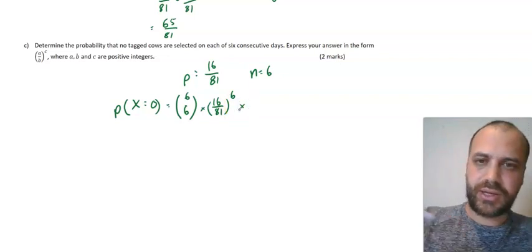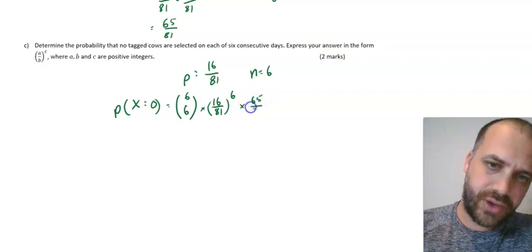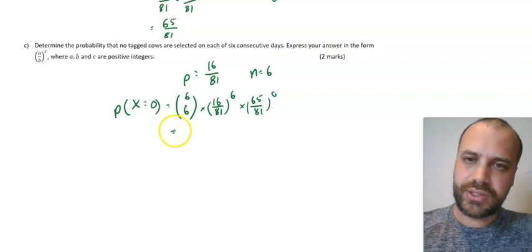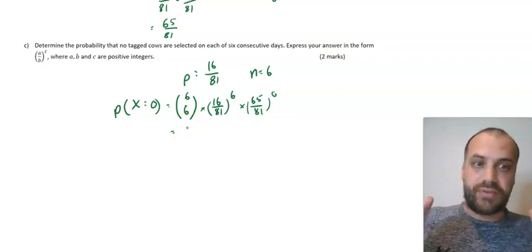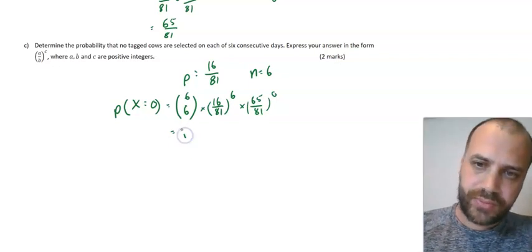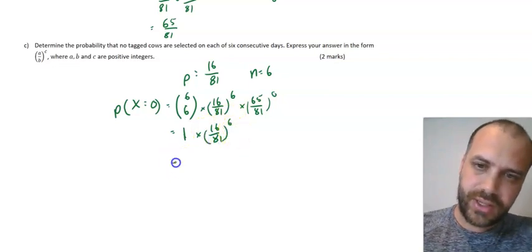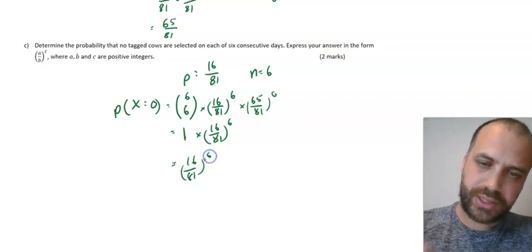And then times, and it really doesn't matter this next bit, but I'll write it in, 65 over 81 to the power of 0. No failures. There's only one way to get 6 successes from 6 trials, and that's just to not have any failures. So that's 1. And then we've got this 16 over 81 to the power of 6.